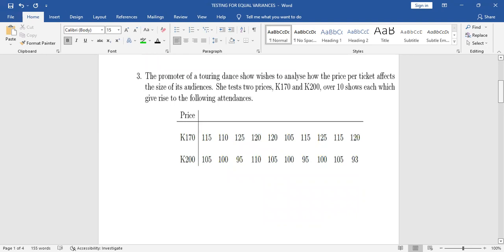And then the question continued to ask us to perform a t-test to see if the means under the two prices are the same or different. So this is where the t-test comes to an end. Thank you very much.